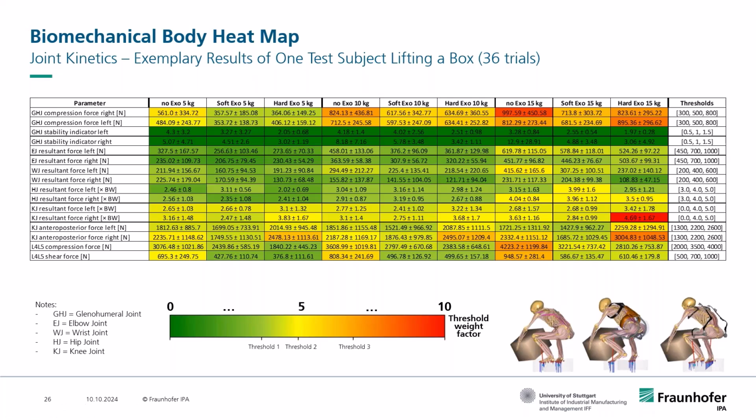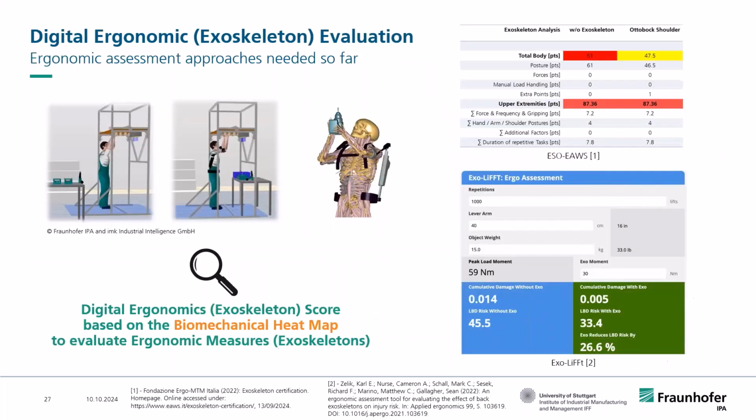So to sum up, we are aiming, and we think that digital human modeling tools offer great opportunity to do digital ergonomic exoskeleton evaluation within the whole TOP principle, understood within the basic ergonomic principles.